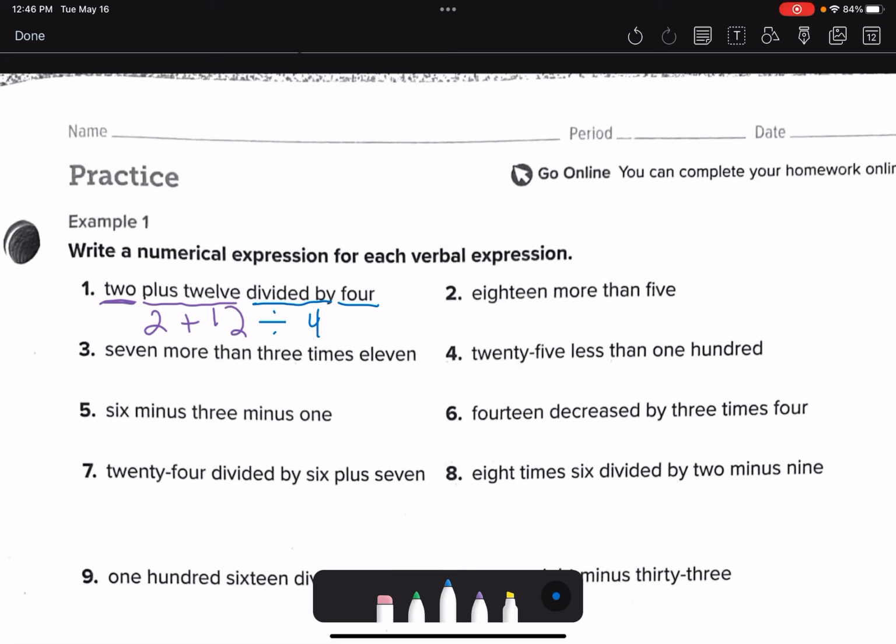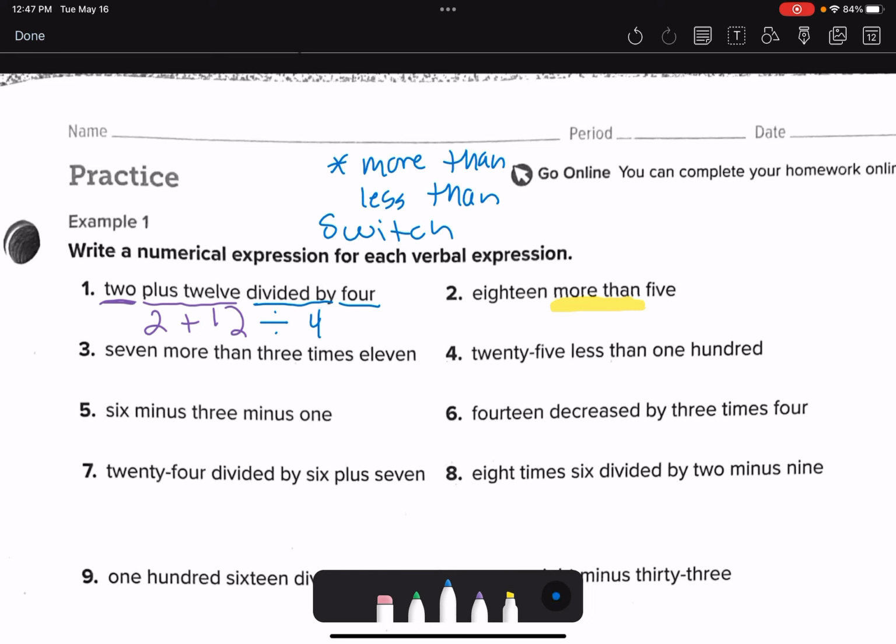Now, here's a situation where I told you that sometimes it indicates for you to switch things around, and that is the phrase more than and less than. I want you to write these down. This means we switch. So in this phrase, it says 18 more than 5. More than means that it's increased above 5.